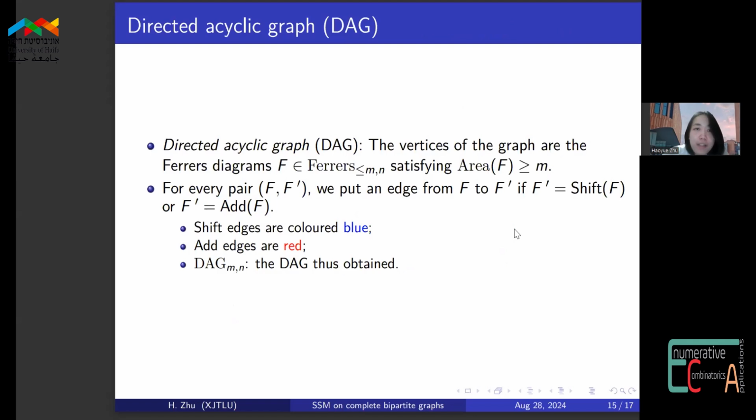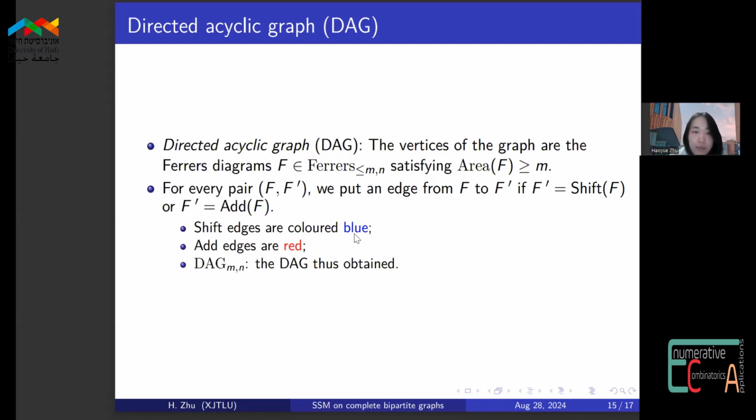Okay, so finally, we want to introduce the directed acyclic graph, which is the DAG. This is the collection of all the Faro diagrams, where each one should satisfy that the area is greater than or equal to m. For each pair F and F prime, we put an edge from F to F prime if we can use the shift or add operations between them.